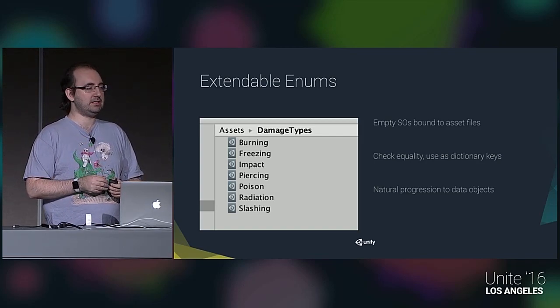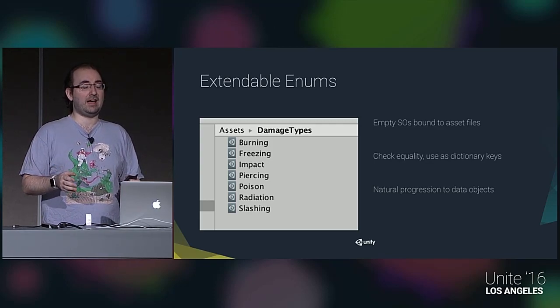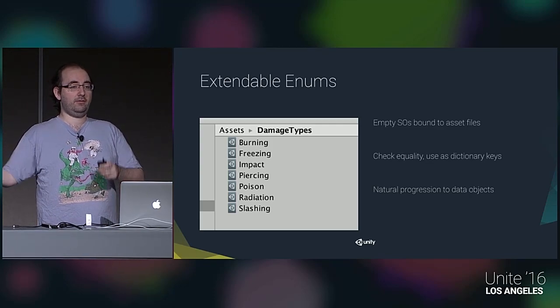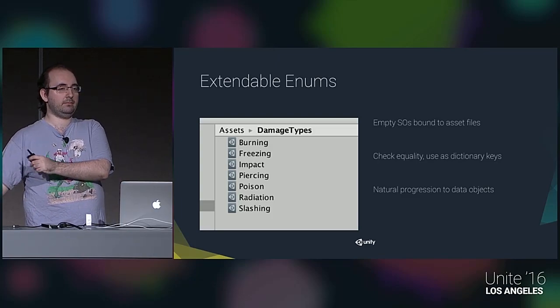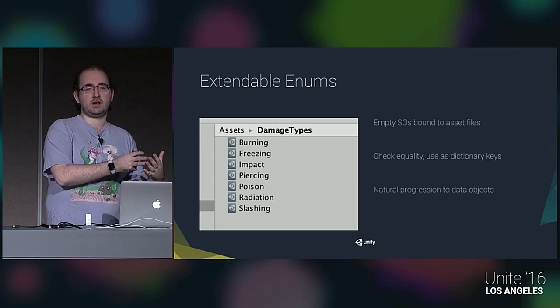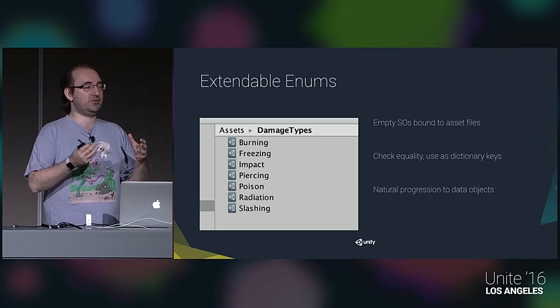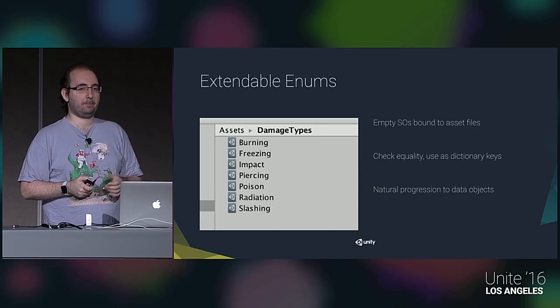So I could add that in one place and then just go through all these damage types and check the bool on or off, instead of having to have a separate lookup somewhere from each of these to the corresponding bool values. It's usually faster to put the data on these things directly. And that's something you can't do with enums at all. You can't really add extra data to each enum entry very easily.